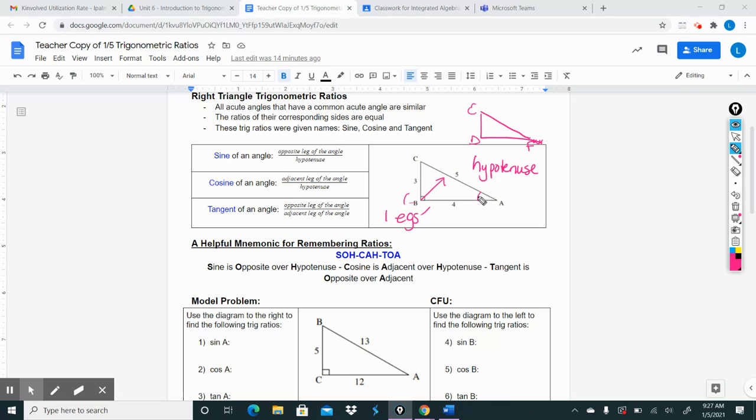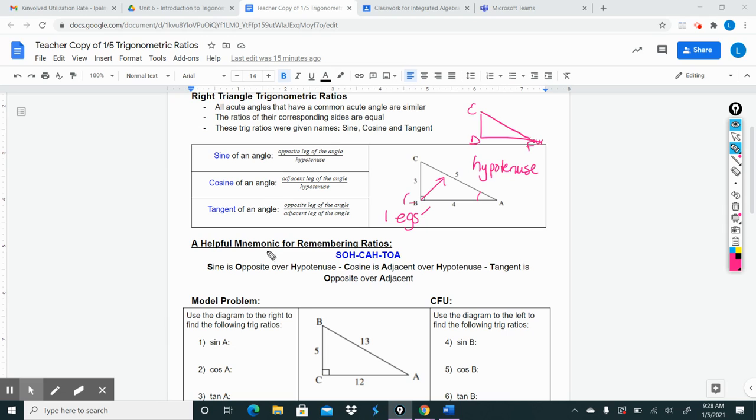So the ratio is 4 over 5. Tangent of the angle is the opposite leg over the adjacent leg. For A, the opposite leg is 3 and the adjacent leg is 4, so it is 3 over 4. Those are your definitions of sine, cosine, and tangent in ratio form.